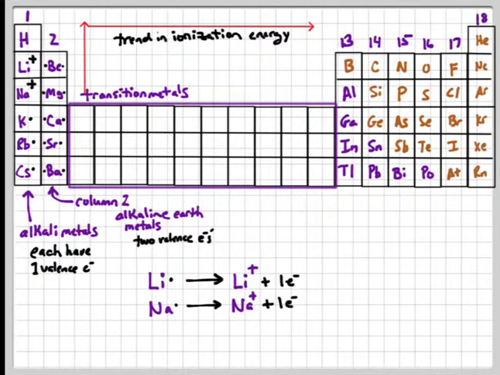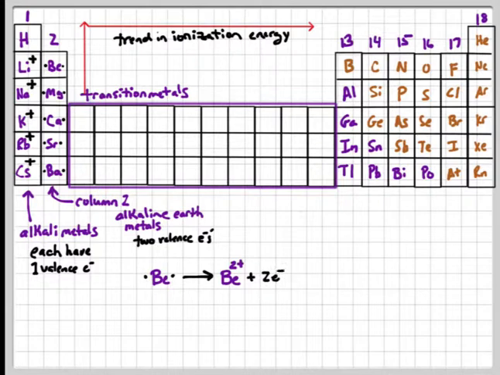And of course, that's the case with all of the elements of the alkali metals. They each have one valence electron which they can lose to form a positive charge. And so you see here that the metals in column 1 of the periodic table will form +1 ions in reactions in which they form salts or ionic compounds.